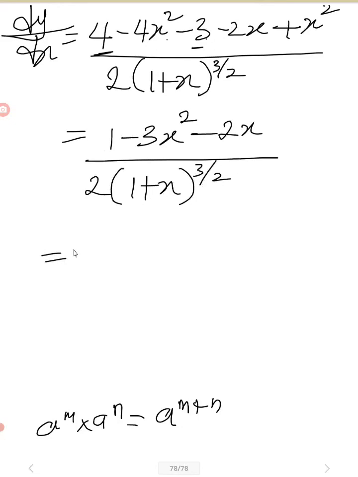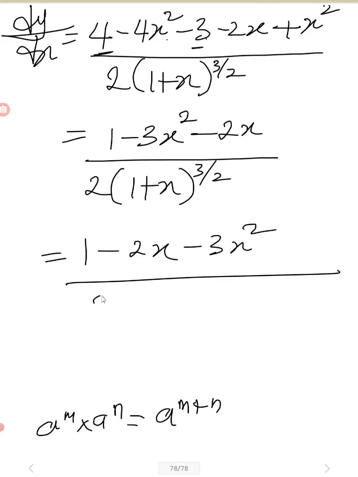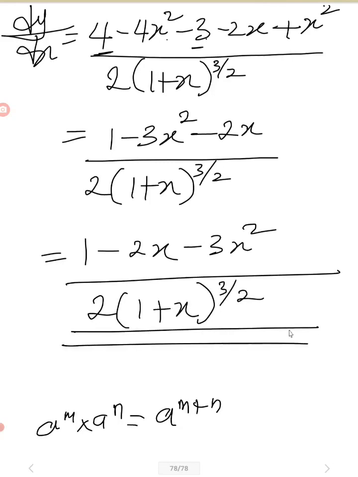So let's just try to rearrange it better: 1 minus 2x minus 3x squared all over 2 onto 1 plus x onto 3 over 2. This is just the answer for dy with respect to x.